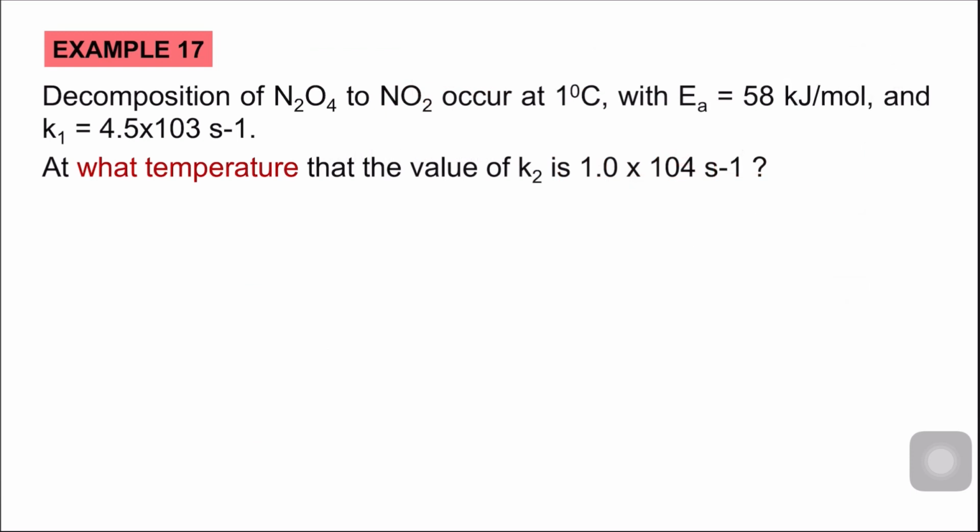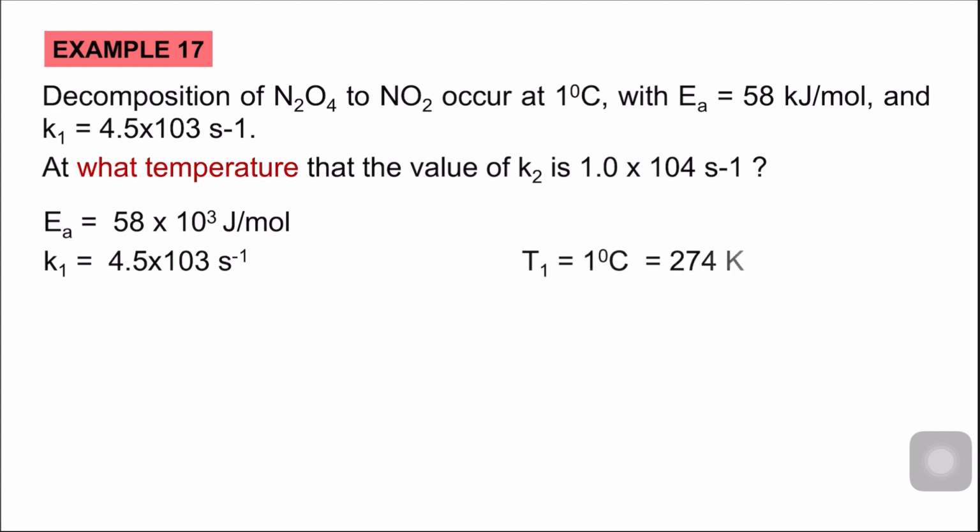Now, let's try example 17. In example 17, you are required to determine the temperature when you have decomposition of N2O4 to NO2. And you are given values here, extract the information that you have. So, you have the activation energy, you have K1 with T1, and then you have K2.